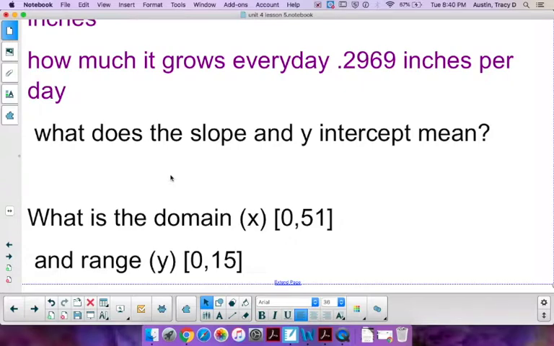And y'all should know that if the temperature goes up, you're going to have more people at the park. So you're going to put that data in your calculator. You're going to graph the data on a piece of graph paper. So grab some of my graph paper. And if you want to put all the rest of this on the graph paper, that's fine. You can tell me what the slope and the y-intercept and the domain and range are on your graph paper. And then you can take a picture of it and upload it into Canvas.